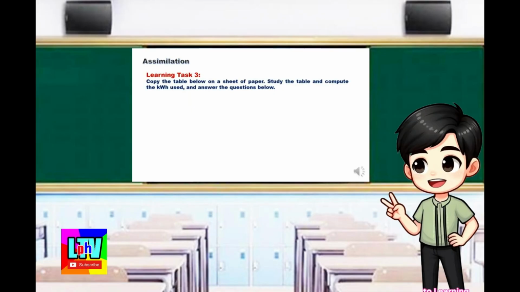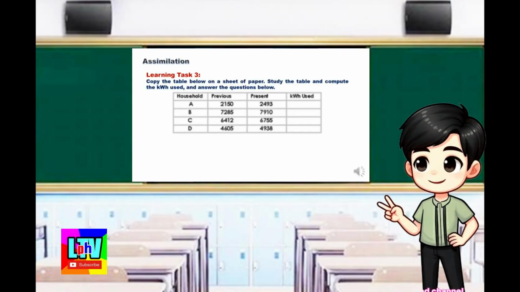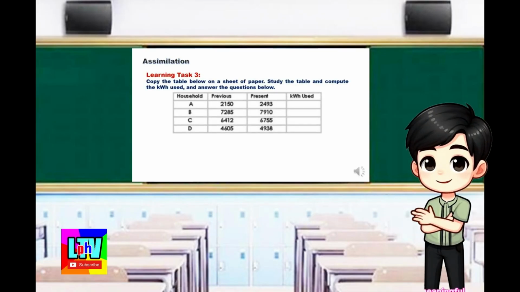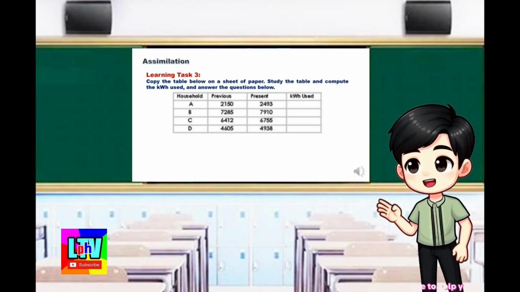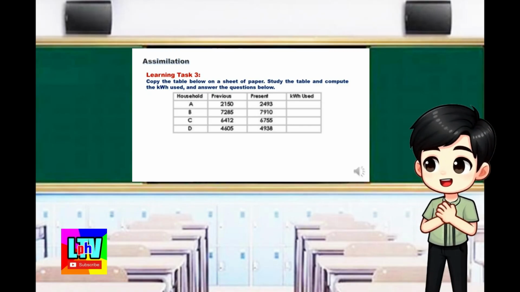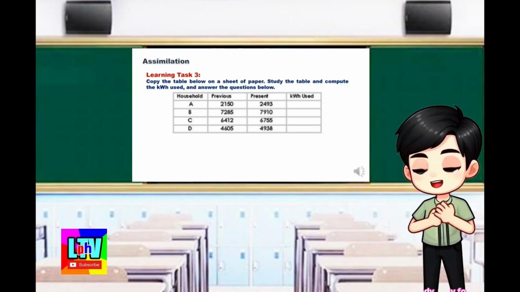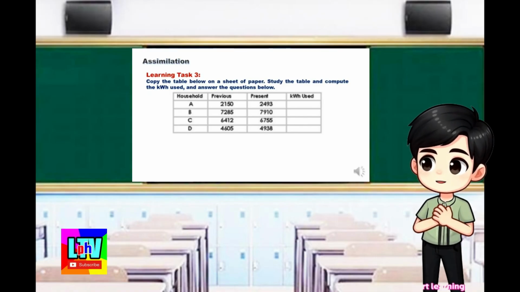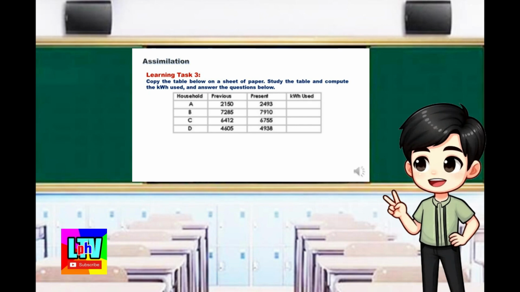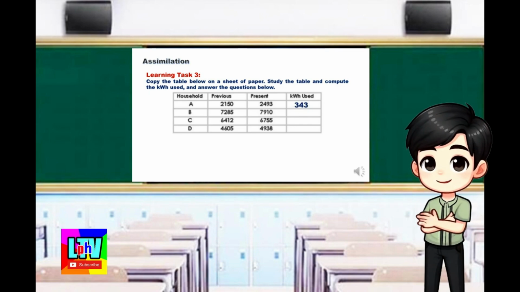For learning task 3, copy the table below on a sheet of paper. Study the table and compute the kilowatt hour used and answer the questions below. To get the kilowatt hour use of household A, subtract present minus previous, and that is 323. For letter B, just subtract again.